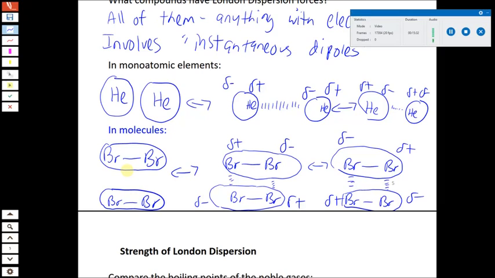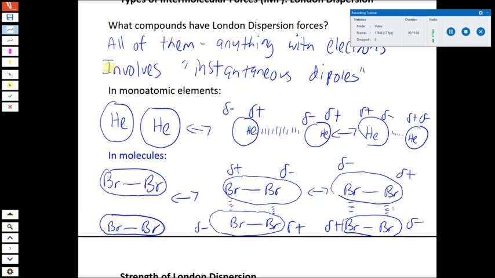So really, the intermolecular forces for a substance are often a combination of more than one. If it's a single element like helium or a nonpolar molecule, this will be the only one present, the only type of intermolecular force, but there are other ones that can also contribute.